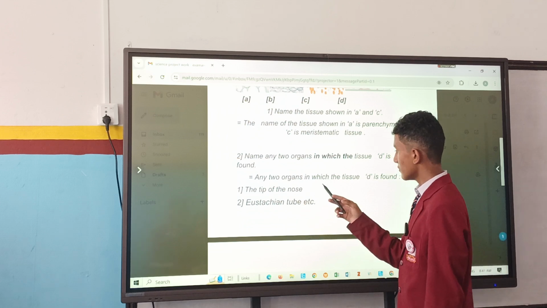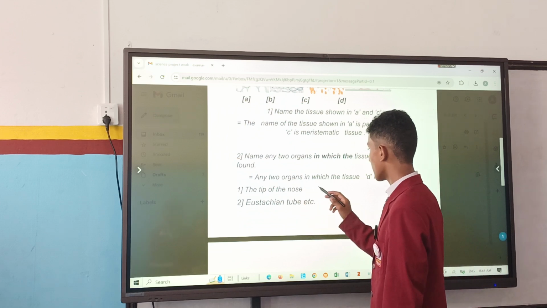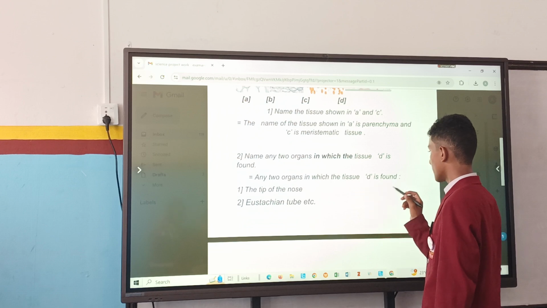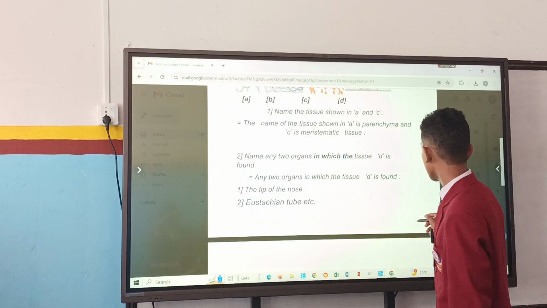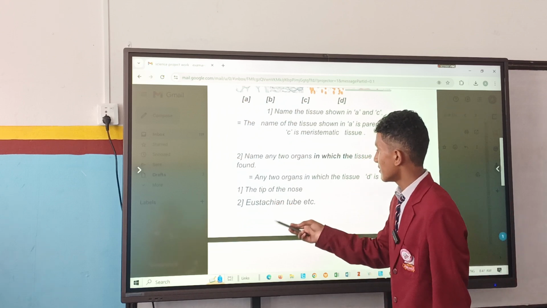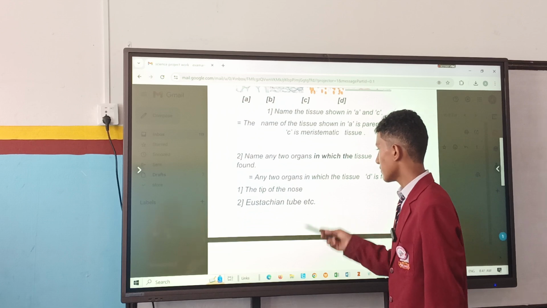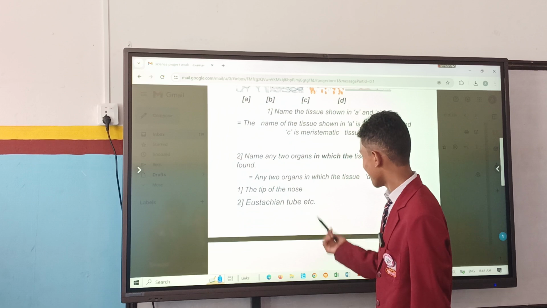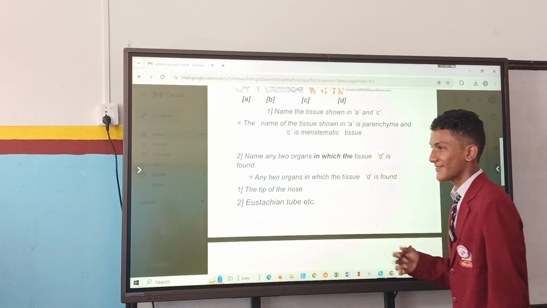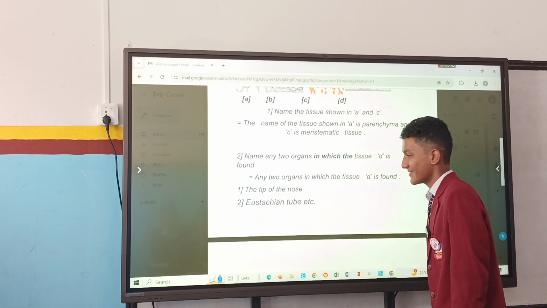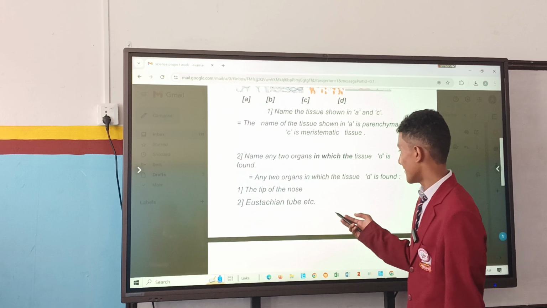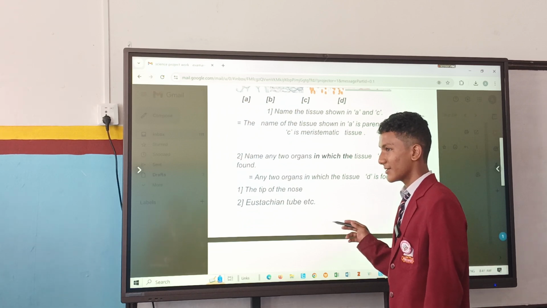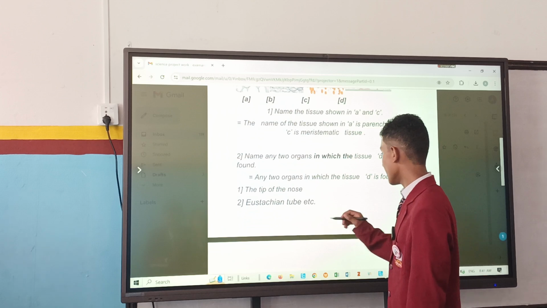The two organs in which the tissue D is found are the tip of the nose and the Eustachian tube.